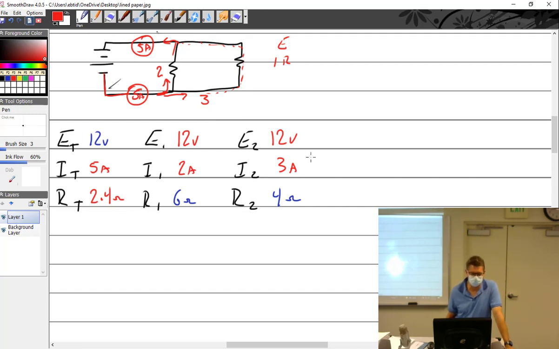Hopefully that made sense. All right, change this up a little bit, not by much. What if I double the voltage?